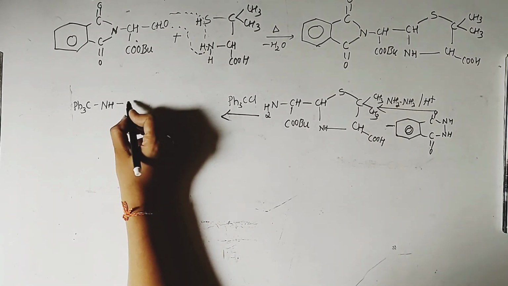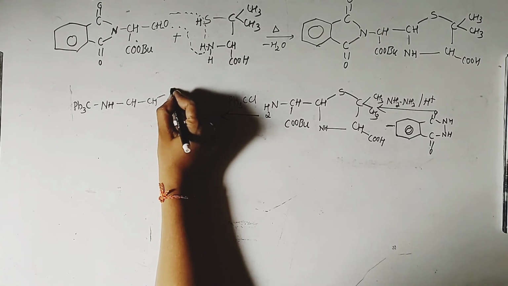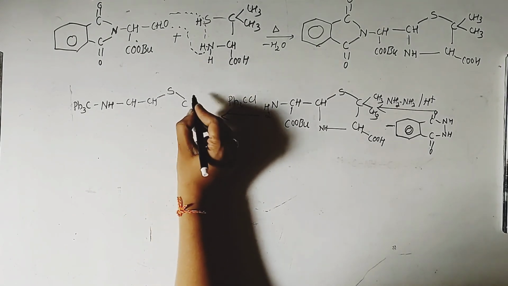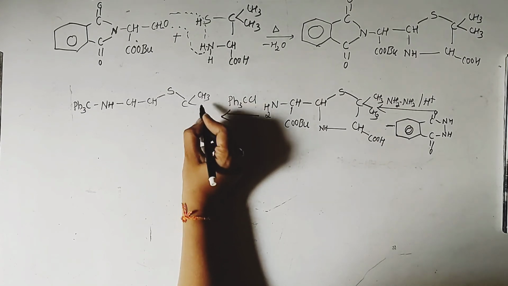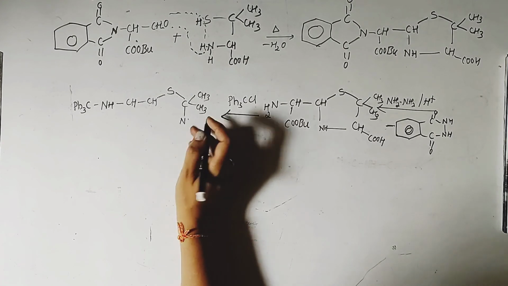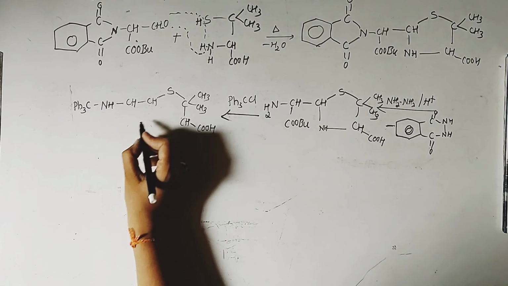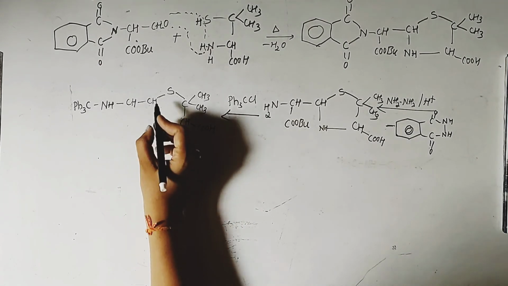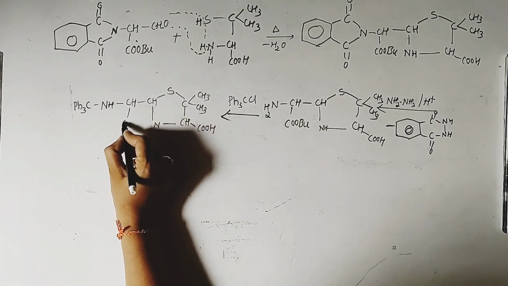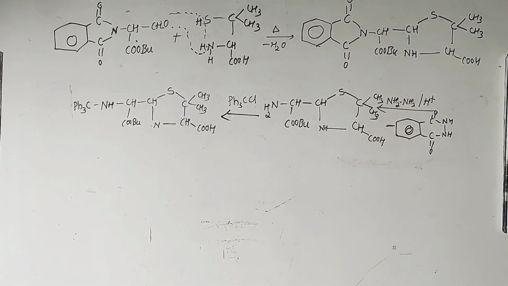So the remaining compound that we have, that is CH, S, C, CH3, this is CH, which is attached to carboxylic group. So here N, this is COOH.